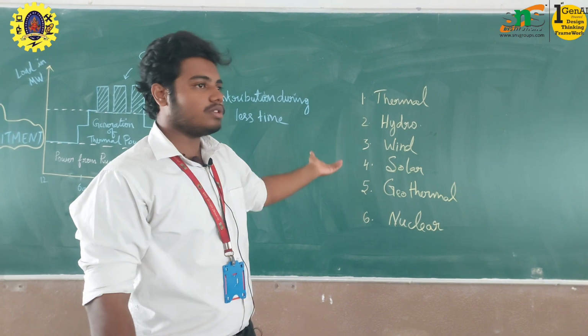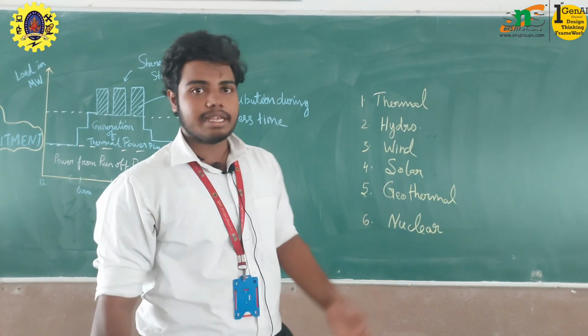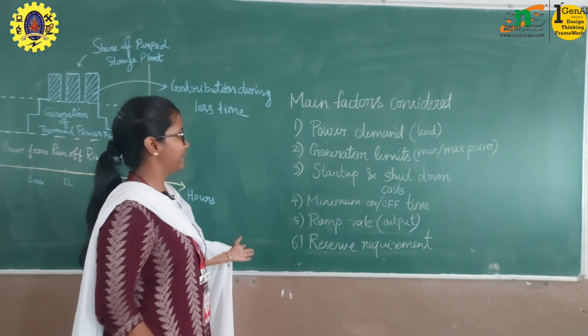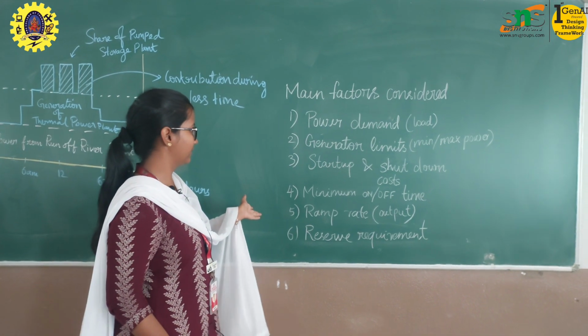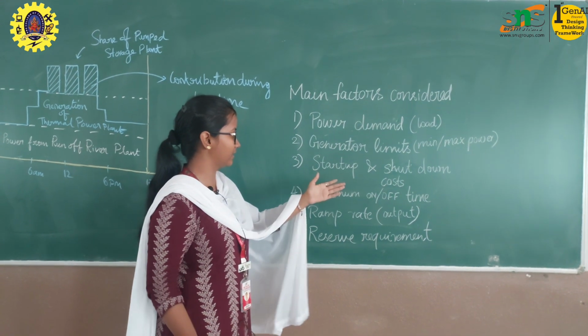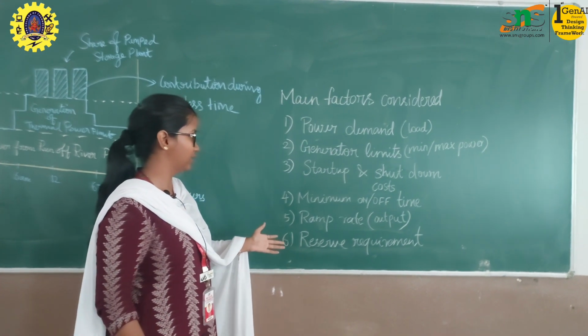So we are going to see about the power plants and the systems elaborately using unit commitment. These are the main factors to be considered for unit commitment. There are six main factors: power demand, generator limits, startup and shutdown costs, minimum on-off time, ramp rate, reserve requirement.